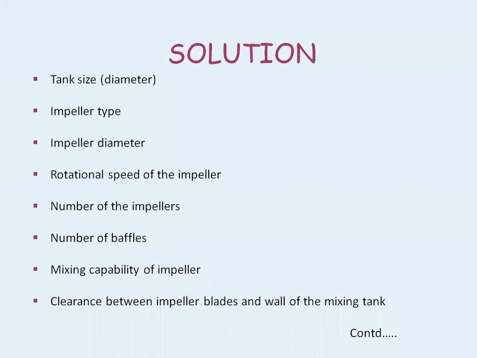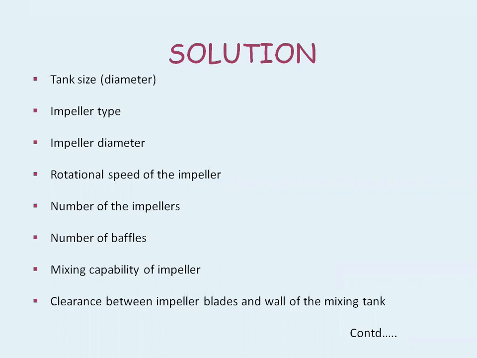As the tank size increases, the diameter will increase. Then the rotational speed of the impeller, we have to vary. Many a time, if the tank is big, we have to increase it. If the tank is small, we have to decrease it, because if we do not decrease it, there may be a thrust and the solution may come out.